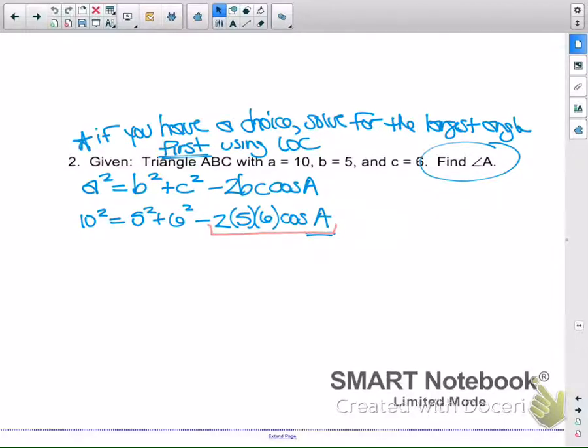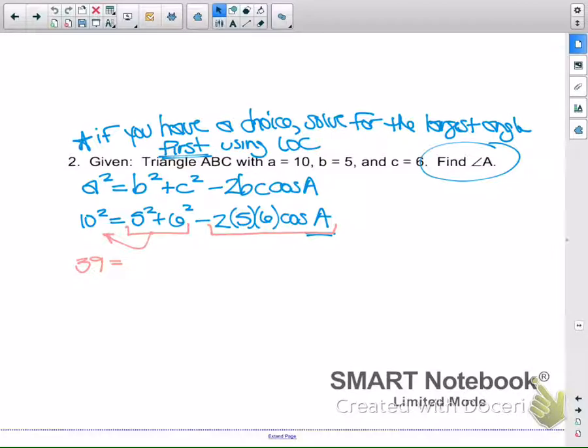Okay, first step in solving these is to get rid of these terms by moving them to the other side, both of them. So my first step is going to be to do 10 squared minus 5 squared minus 6 squared. That gives me 39. Second caution, do not lose that negative.